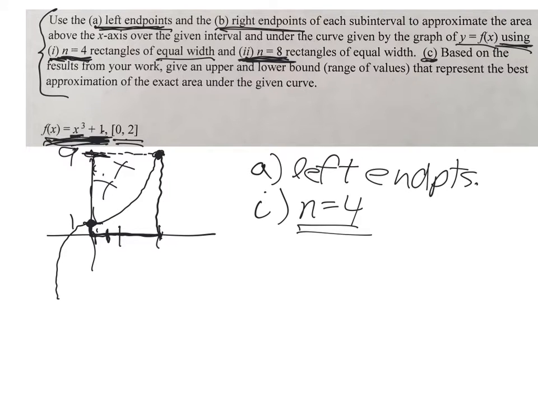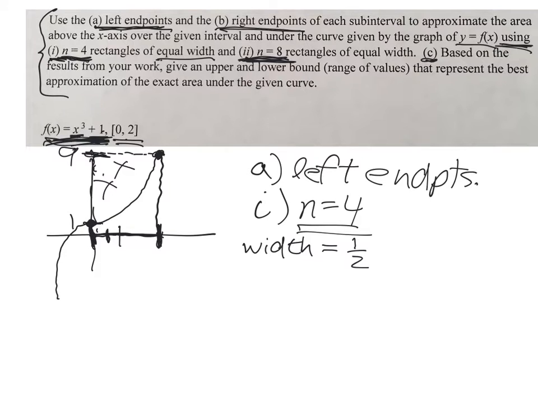What is the width of the rectangle if we go 4 rectangles over this interval? We're going to split this region into 4 parts. So the width of that would be what? Each rectangle would be 1/2.